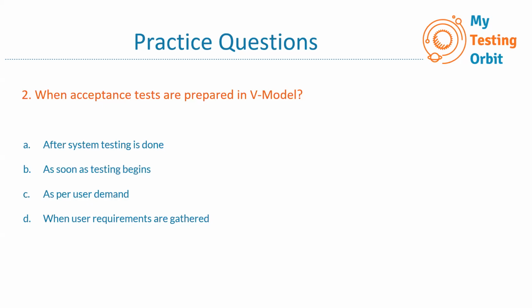Yes, it will be executed after that, but the acceptance test can be prepared as soon as the user requirements are gathered. And the second one, as soon as testing begins, will be incorrect as well. I think there was some confusion between preparation and execution. So I hope this one is clear.